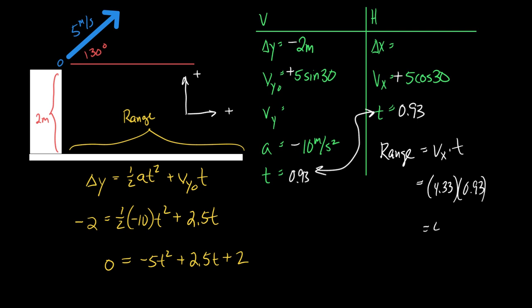All right, so 4 meters. That's my range. It hits the ground 4 meters away from where it was launched. Be aware, this is the horizontal distance. That is not this distance, right? It's the horizontal distance, the distance along the ground.